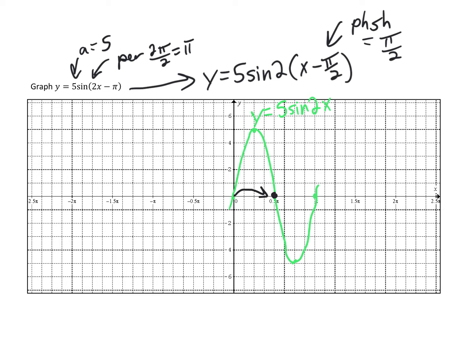So we start here instead of at the origin, but it's still going to be the same curve. We've just changed where it starts. So this will be your 5 sine 2x minus pi over 2. And then it repeats that indefinitely in both directions.